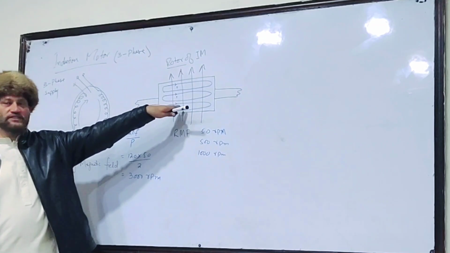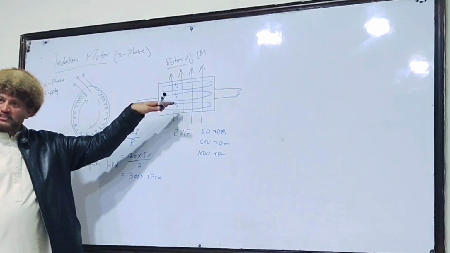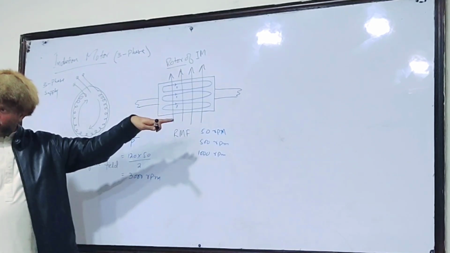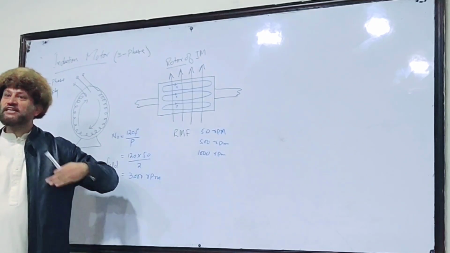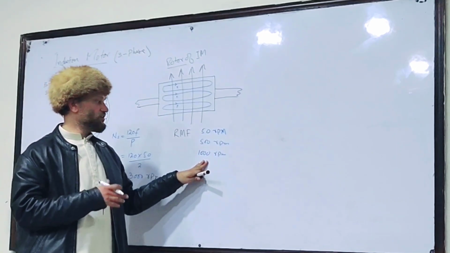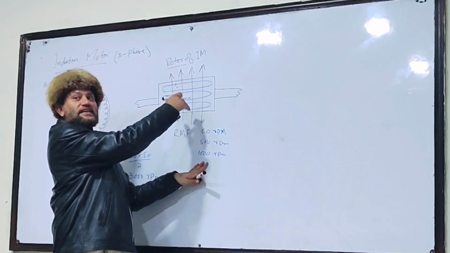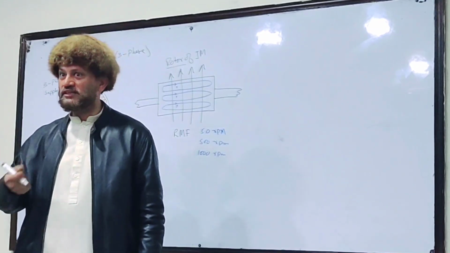Still we have an EMF induced in these conductors, still a current through these bars, still a force on these bars, and still it will increase its speed. Already it is rotating at 1000, but there is force to rotate faster, you know, speed up.